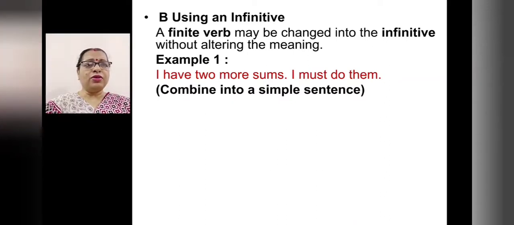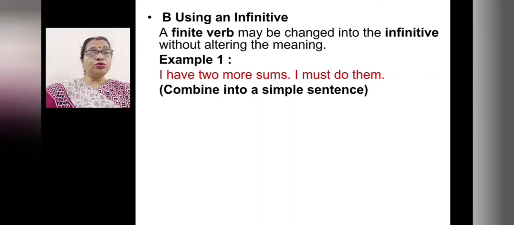It is therefore enough if you retain the infinitive, which may be used as a qualifying word. The resulting simple sentence would be, I have two more sums to do.